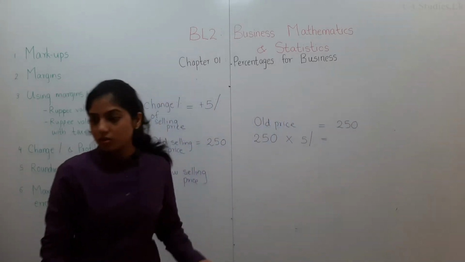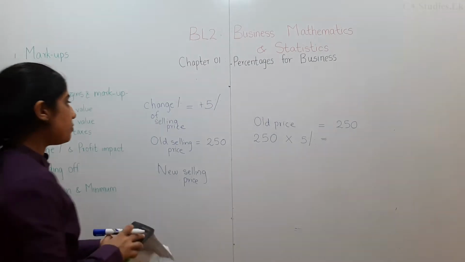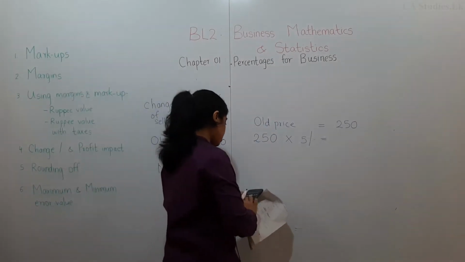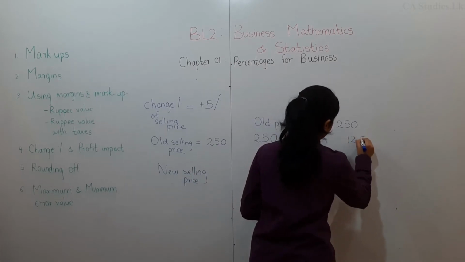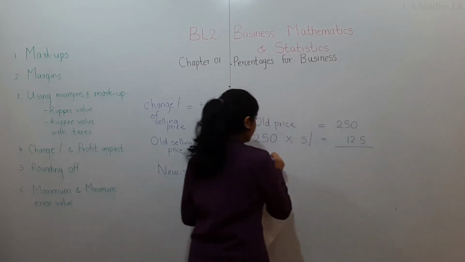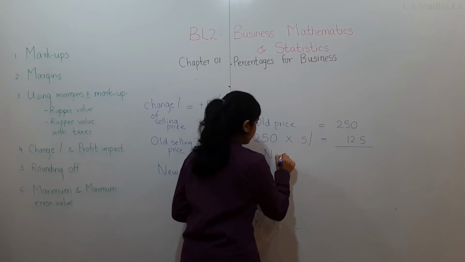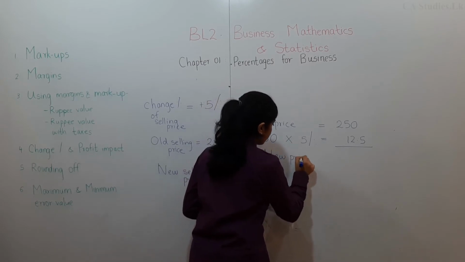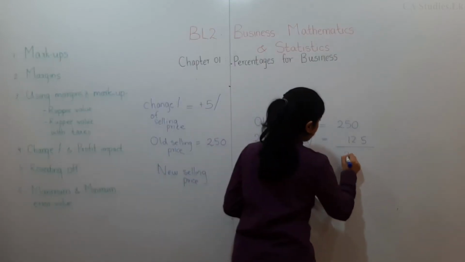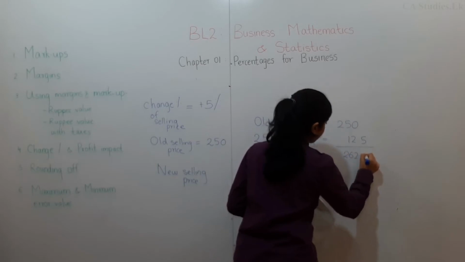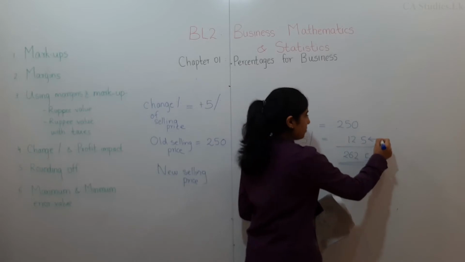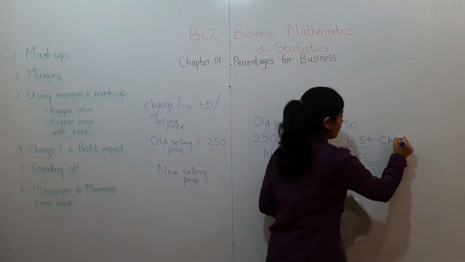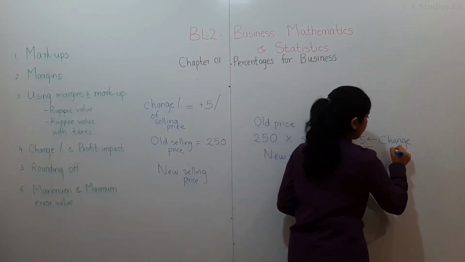So 250 multiplied by 5% is how much? 12.5. Then what's the new price? 262.5. So this is the change value.